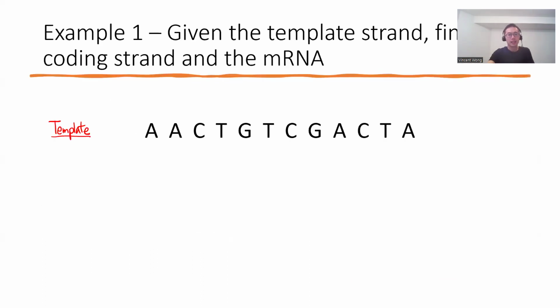All right, so let's try this example together and hopefully it'll make it a little bit clearer. We have the template here. Now, if you have this strand here on the screen, am I going to be able to make the protein from it?